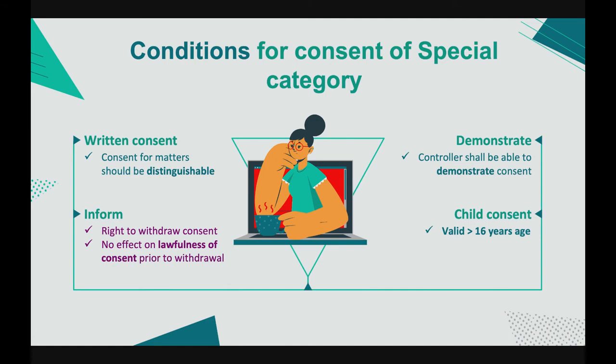The controller will have to make reasonable efforts to verify in these cases that the consent is given or authorized by the holder of parental responsibility over the child. Depending on the case, member states may provide for a lower age. However, the lower age cannot be below 13 years.